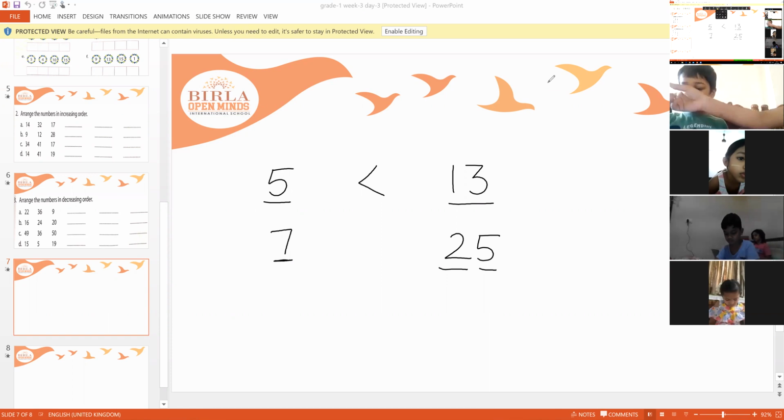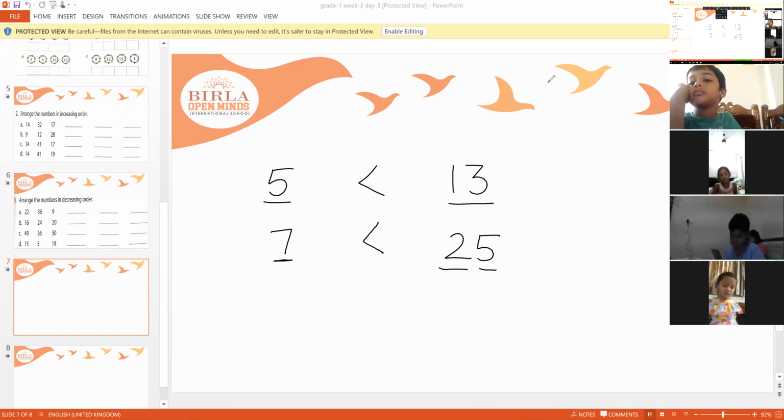Again I am repeating that a one digit number is always smaller than the two digit number. So 7 is smaller than 25, or you can say that 25 is greater than 7.